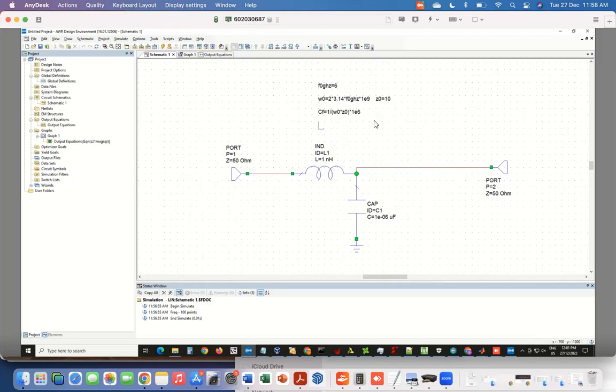And L filter is going to be Z0 over omega naught.